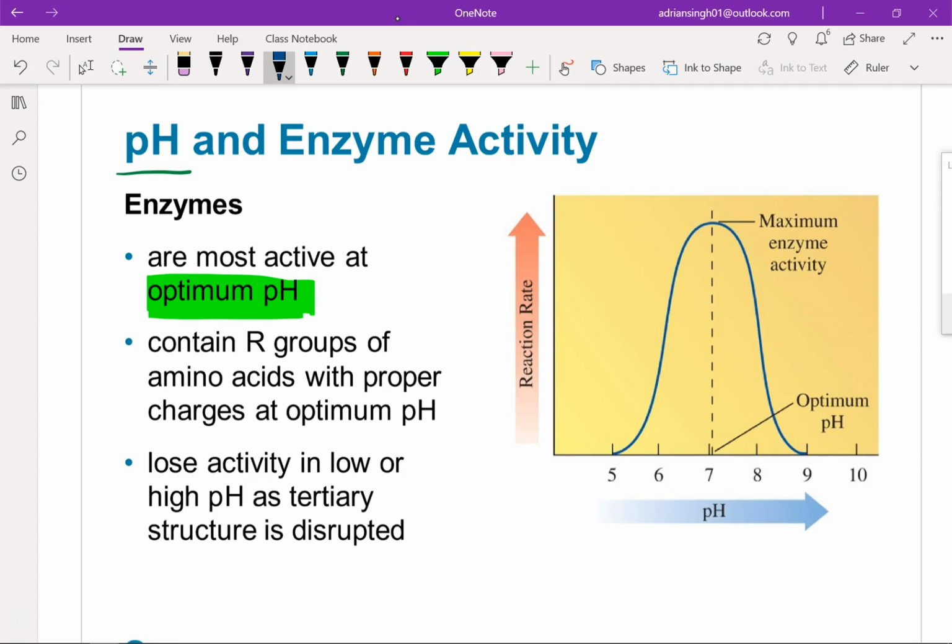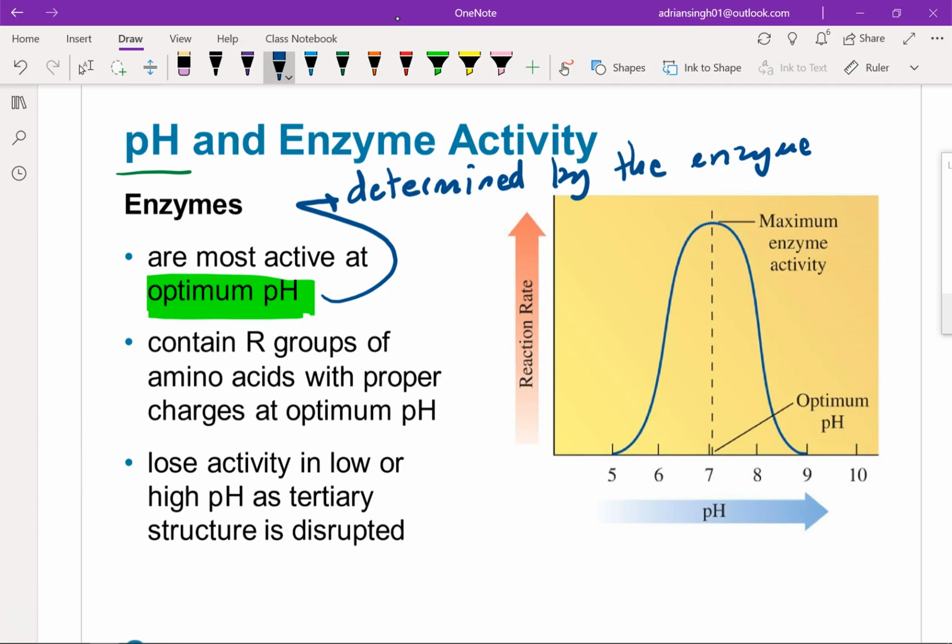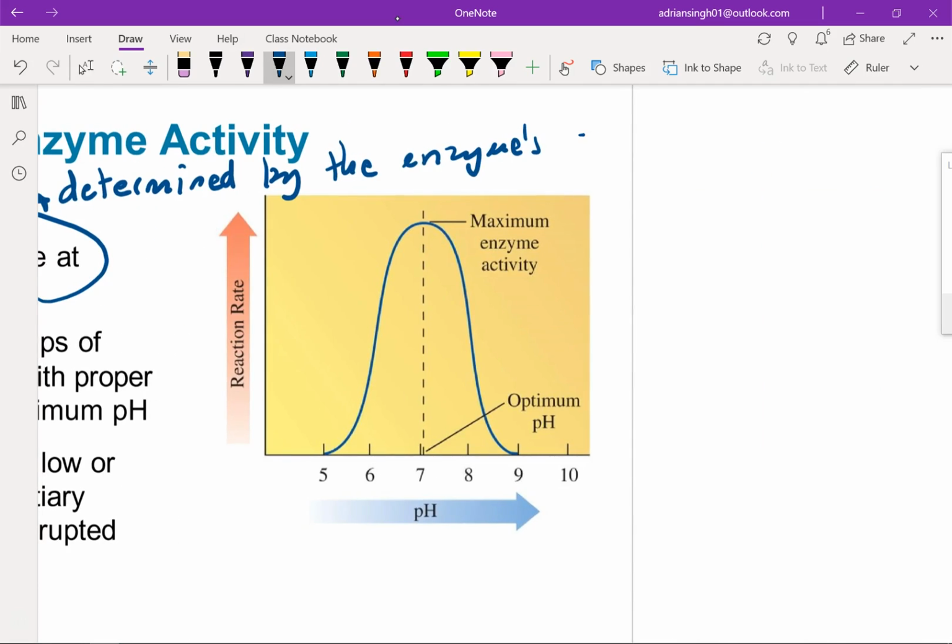This is going to be determined by the enzyme itself and where it's actually found. Right, so this is determined by the enzyme's environment.